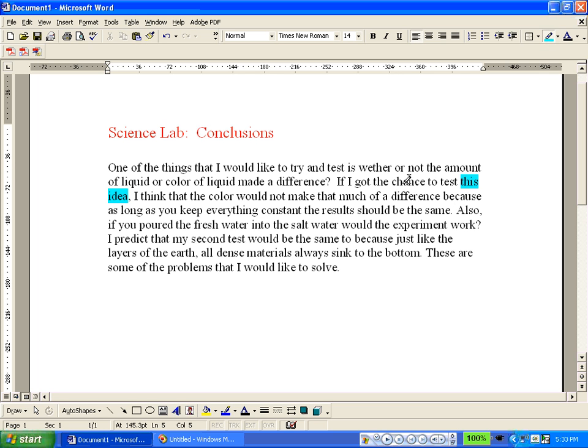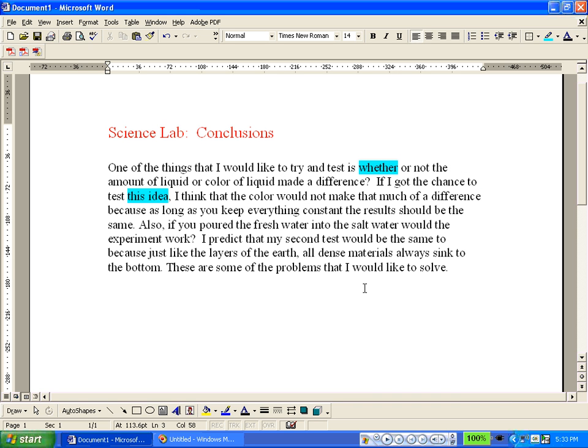A few other things to notice. Here's a tricky word. The word weather has about a dozen different spellings. This happens to be the way that children spell it most of the time. In reality, the word weather has another H in it. Be sure to look up those tricky words. I think we talked about that in our last screencast too. Finally, here's another tricky word.